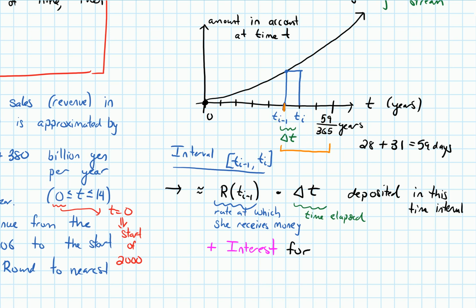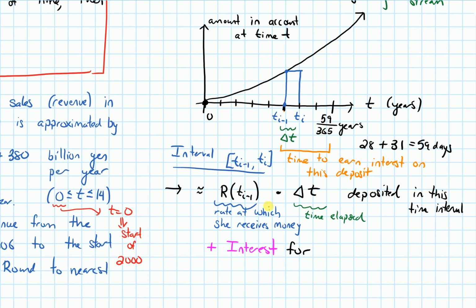So this orange little bracket here is the time to earn interest on this deposit. So this is how much time the money that's deposited in this time interval will have to earn interest. If I were to look at a different time interval, it would have a different amount of time to earn interest. It just depends on how much time is left until the end of the interval.